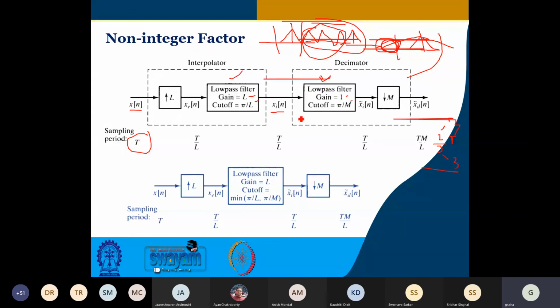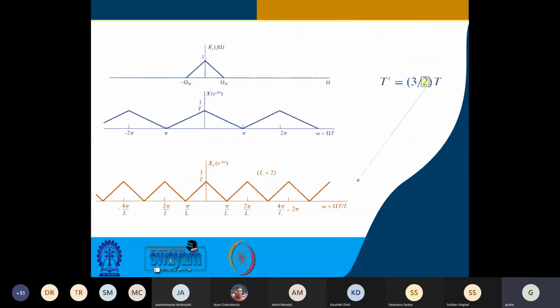You don't need two such filters, and you can use the lower of the two cutoff frequencies, pi by L and pi by M. This gain is 1 and this gain is L, so you can consider the overall gain to be L. This is the overall block by which you can realize a different sampling rate other than the original one, of the form M by L, where M and L are integers.